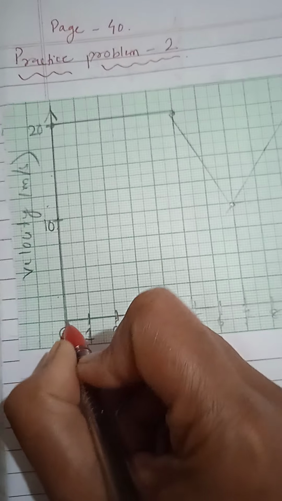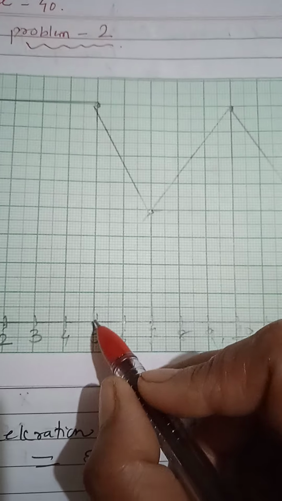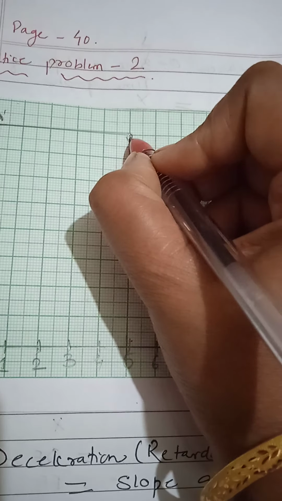Then just take the values from the table. First, 20, 0. It means for 0 second, the first value will be 20. Then for 5, it is again 20. This is your 5, this is 20. Put it here. Then next 7, 10.